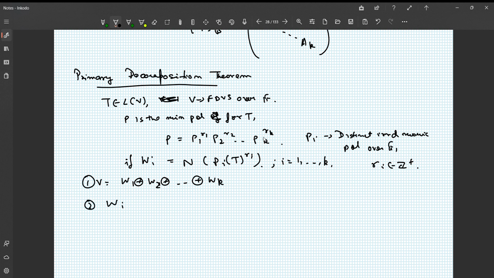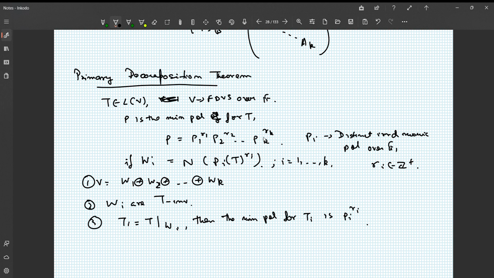Number two is that each of these Wi's is T invariant. And number three, that if Ti is the restriction of T to Wi, then the minimal polynomial for Ti is pi to the power ri. So this was our primary decomposition theorem.